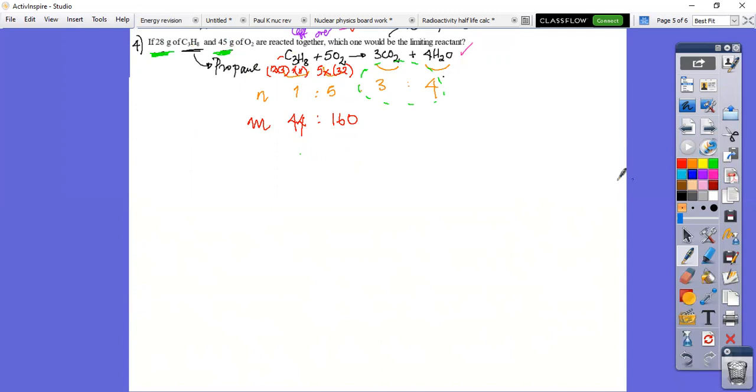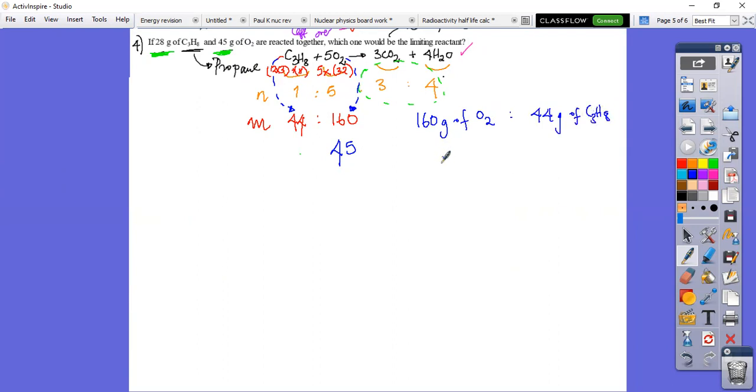So if I have 45 grams of oxygen, remember this here is pointing to the C3H8, and this is pointing to the oxygen mass. So let's just say 160 grams of O2 needs 44 grams of propane.